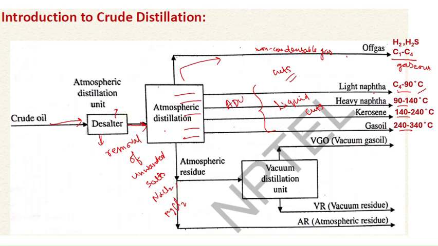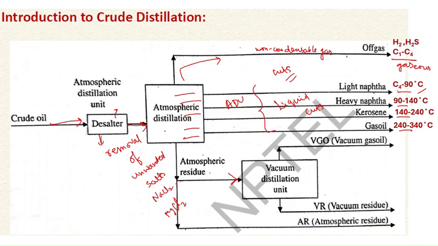Apart from that, all these are the lighter cuts which are taken out from the side. What else do we get? We get the atmospheric residue. Whatever heavier cut is left and cannot be processed in the atmospheric distillation unit is taken off as the atmospheric residue, which is the main feed of our vacuum distillation unit.